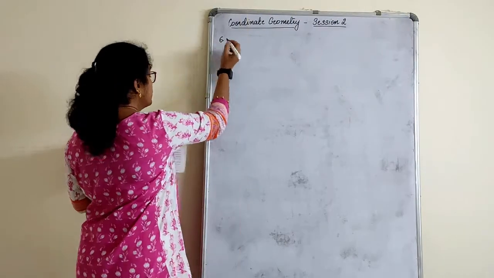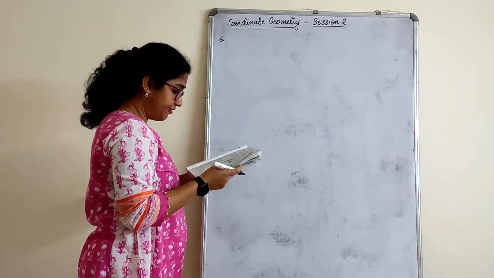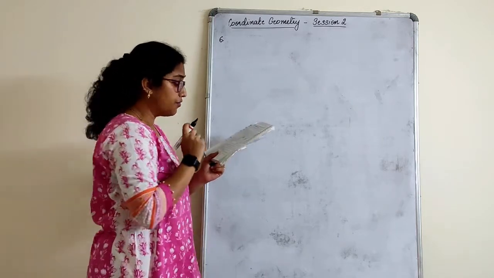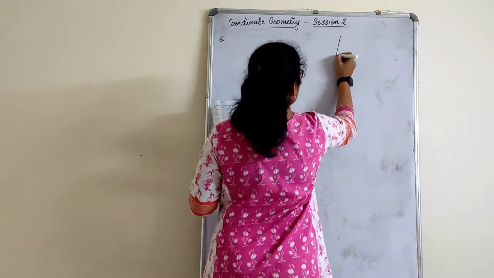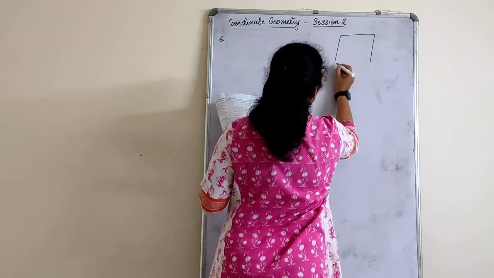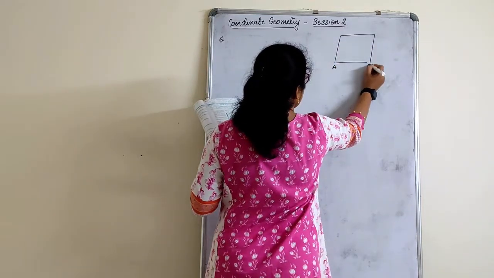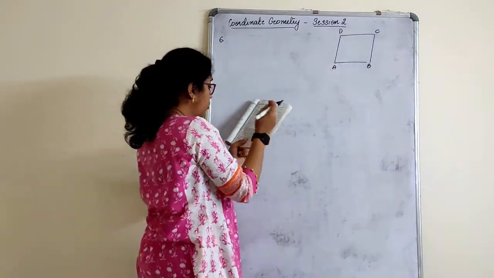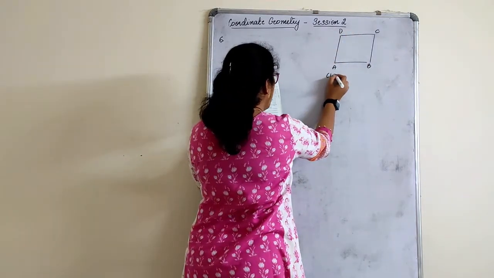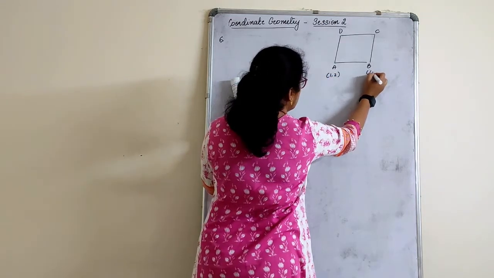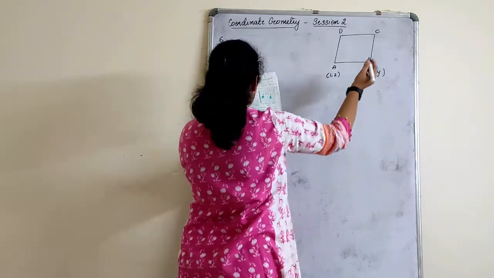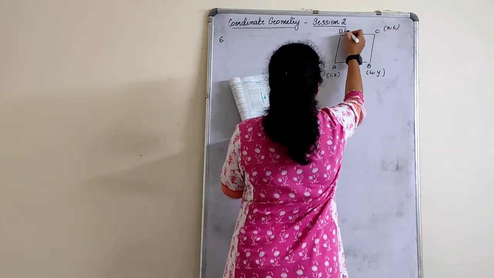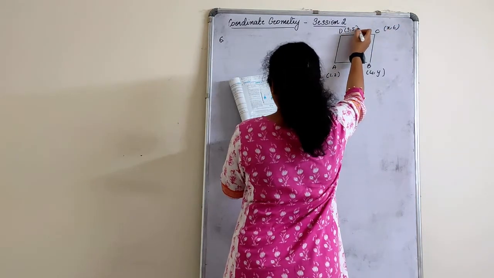With the 6th one, if the given coordinates are the vertices of a parallelogram taken in order. See, they have given taken in order. So if I consider ABCD is a parallelogram, let me start the coordinates from A: 1, 2, 4, Y, X, 6 and 3, 5.